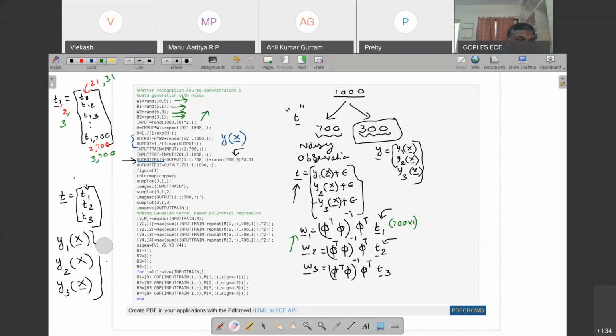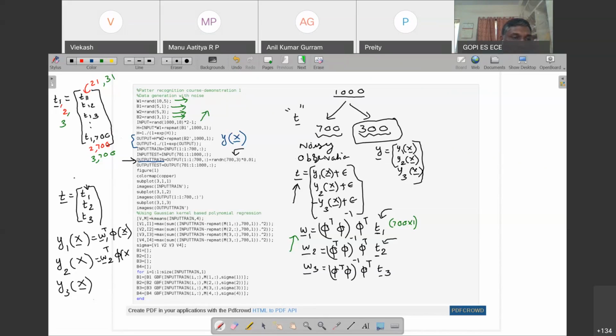Like, you have y1 of x equal to w1 transpose phi of x. W2 is a vector, I'm sorry, let me write this here: w2 transpose phi of x.